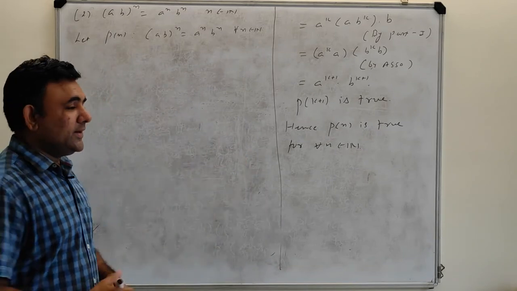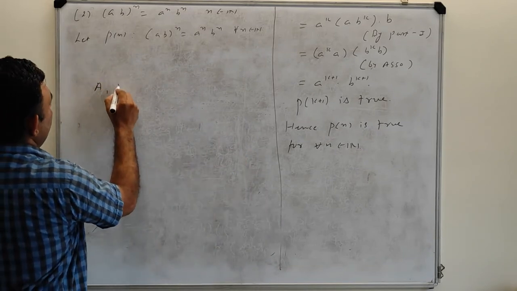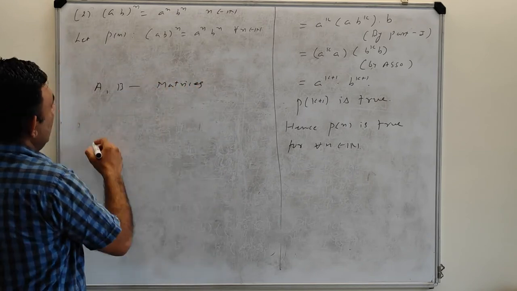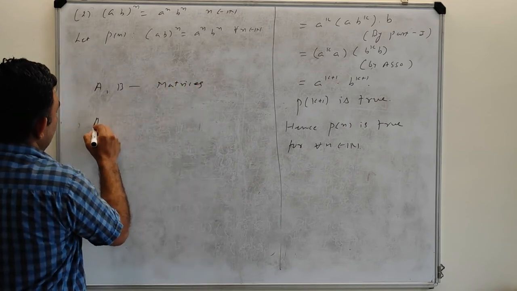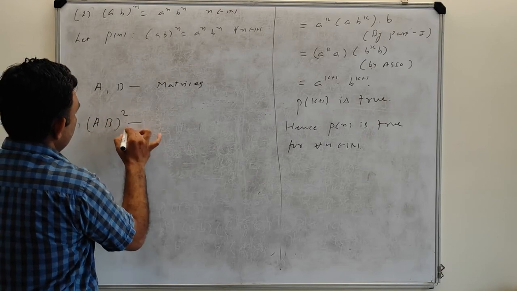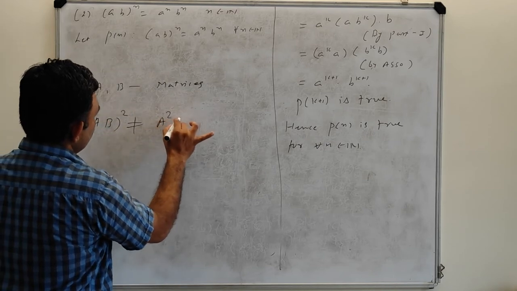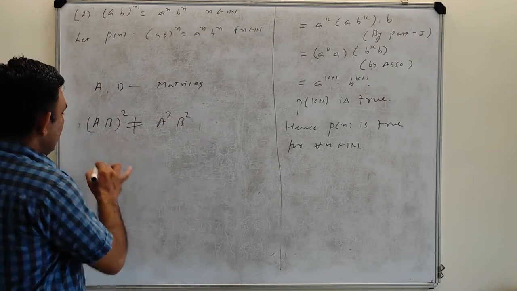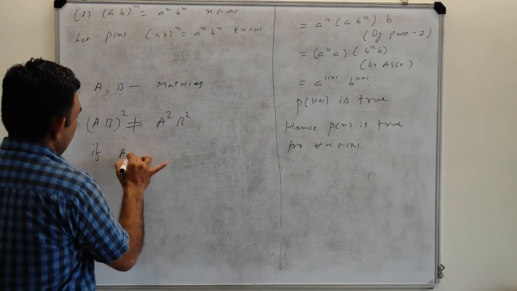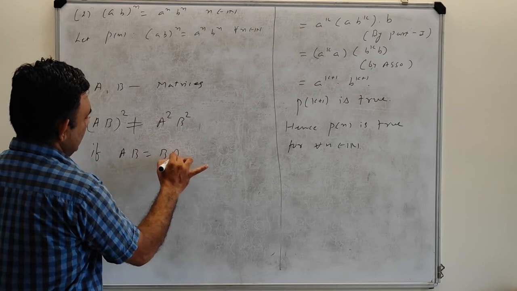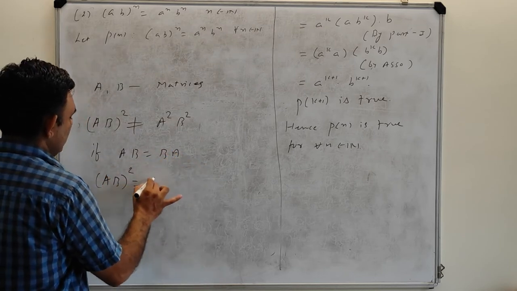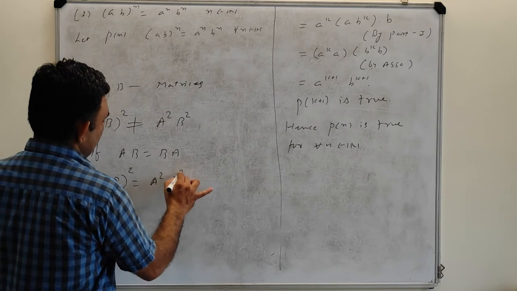See, in case of matrices we know that suppose I have A and B, two matrices, then AB square is not equal to A square B square always. It is not always true. See, if AB is equal to BA, if A and B, these two matrices commute, then AB square is equal to, you can write, A square B square.